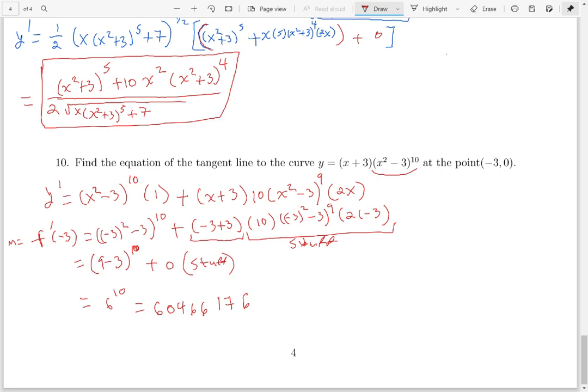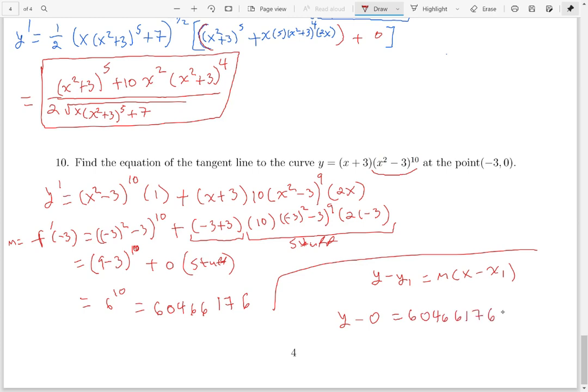And so then if I want to find the equation of the tangent line to the curve, that's just going to be y minus y1 is equal to m times x minus x1. And so then this is y minus 0 is equal to 60,466,176 times x minus 3.